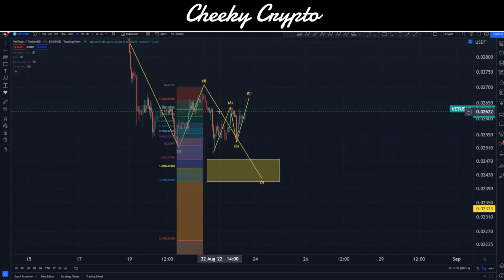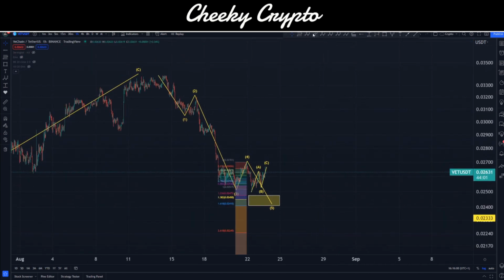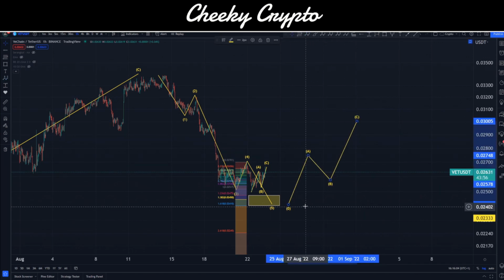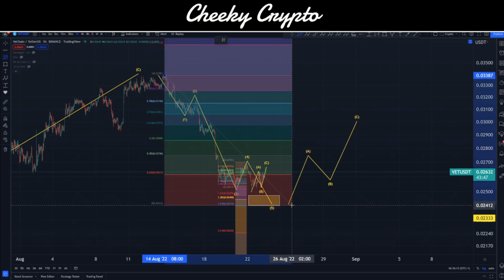Now, from this Elliott wave theory point of view and this correction to the downside, this being a complete 5-wave structure at that point, we'll be looking for a significant move to the upside. And I say significant, it should be notable within a 3-wave structure. Now, if we take this low point down here and this high point as our anchor points, we're able to basically consider where this next move would go.